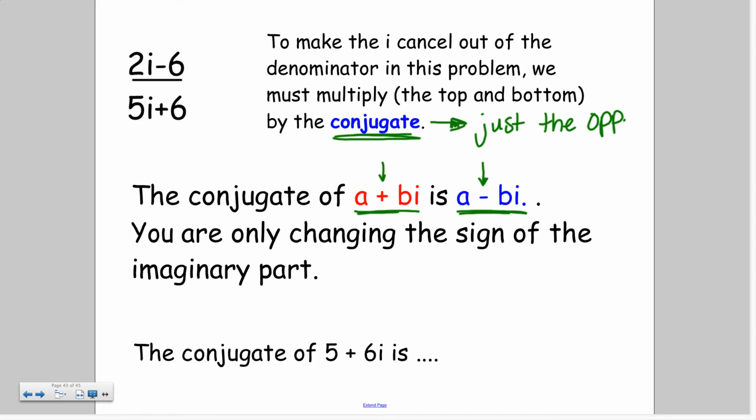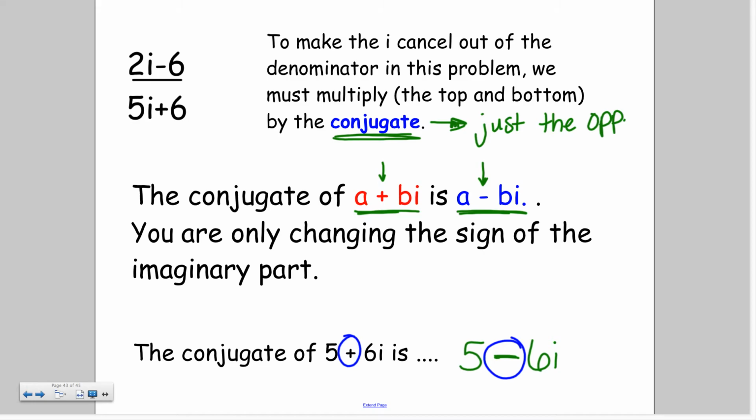You're not changing the sign of the real number. So the conjugate of 5 plus 6i is 5 minus 6i. So all I changed was that right there. I did not change the sign in front of my 5.